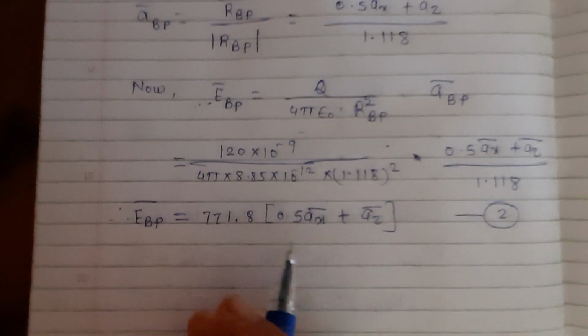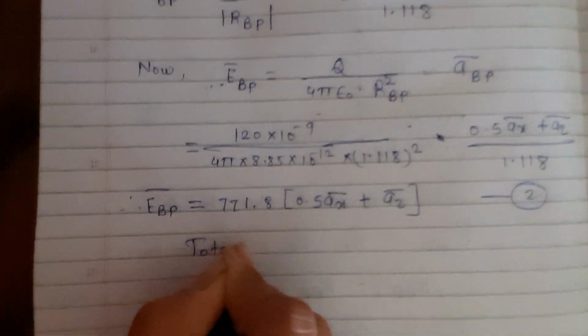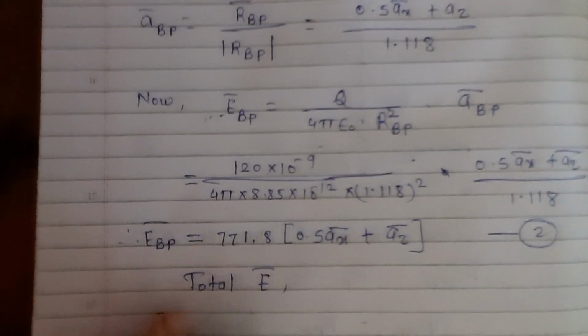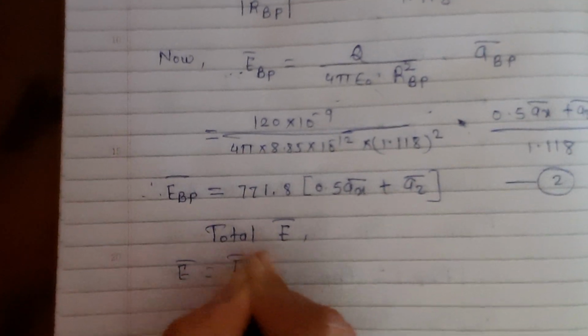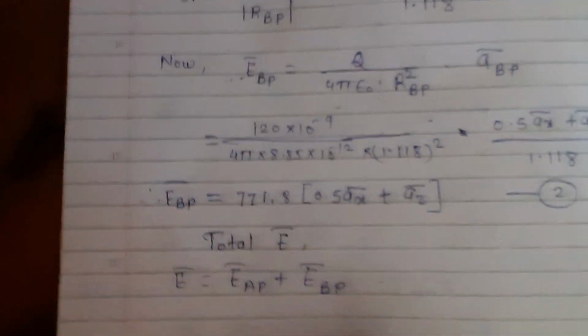Now we find the total E bar. Total E bar is equal to E_AP bar plus E_BP bar.